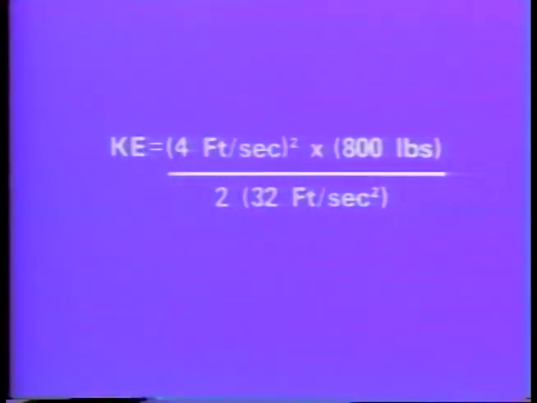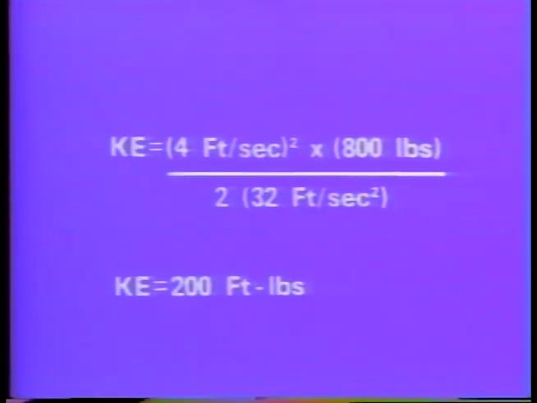Now let's see what happens when we reduce the velocity by half. In this case, Ke is equal to a velocity of 4 feet per second, squared, times the weight of 800 pounds, divided by 2 times 32 feet per second squared. This gives us kinetic energy equal to 200 foot-pounds.